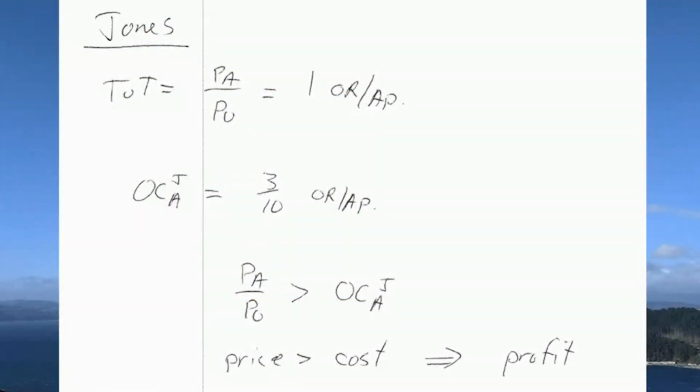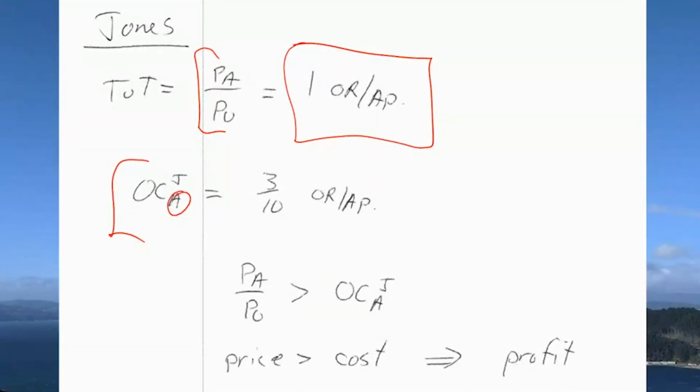Now, Jones is looking at things upside down, and his focus is on apples because from his perspective, he's able to trade and get 1 orange per apple, same terms of trade as Smith did. But his opportunity cost of apples now is 3/10 of an orange per apple. Okay? And so he's going to do this comparison.